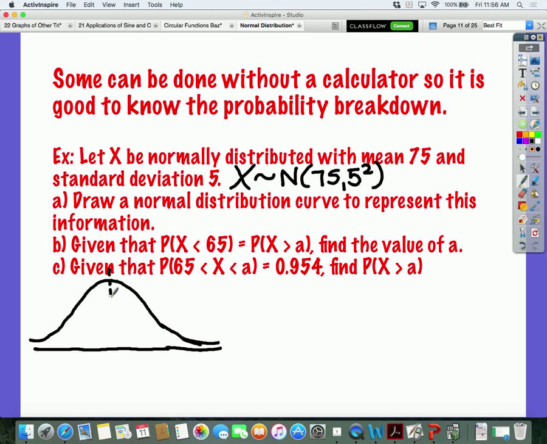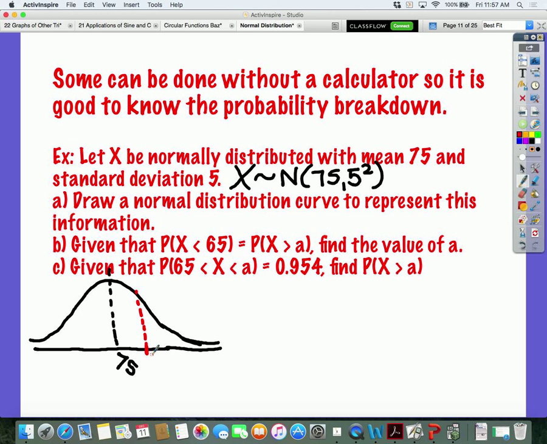Straight in the middle, you have your mean, which in this particular problem is 75. From there, you will want to draw your standard deviations, okay? And if you look at the other graph from the previous slide, to get this one standard deviation, you have to take the mean and add one standard deviation.